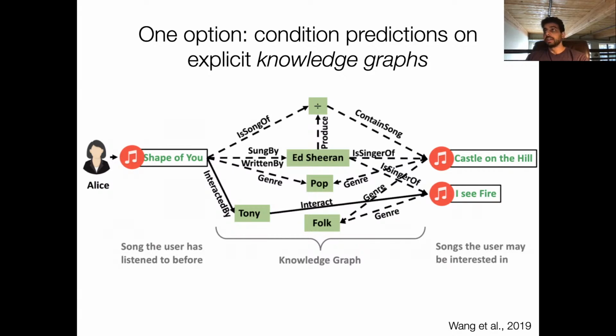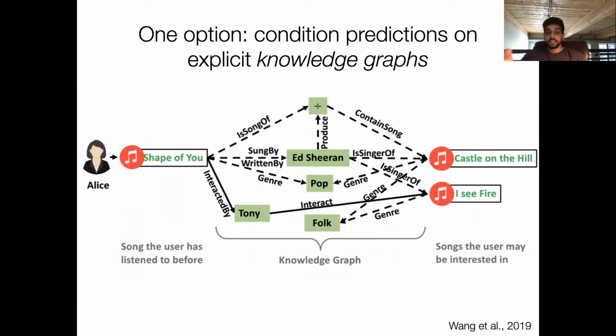But you could imagine that you have your BERT model and it has, in addition, access to these explicit structures called knowledge graphs. If I had to ask a question or make a recommendation of what songs are similar to the song Shape of You, I can traverse a knowledge graph to find out that this song was written by Ed Sheeran, who is a pop singer, and so maybe I should suggest some similar looking or similar sounding songs.